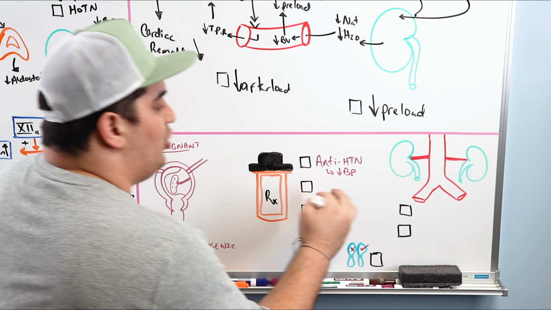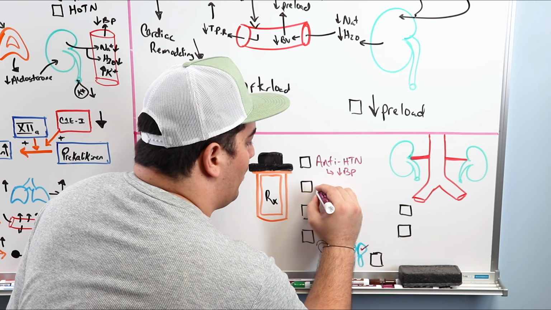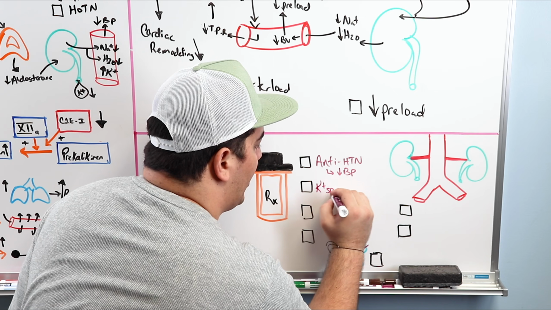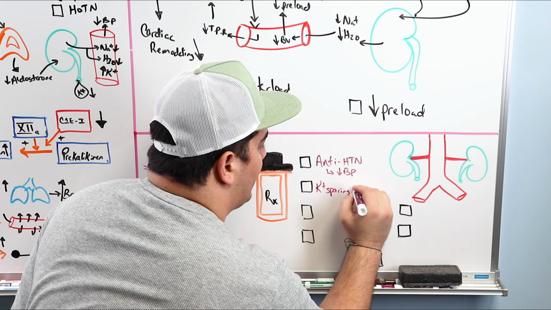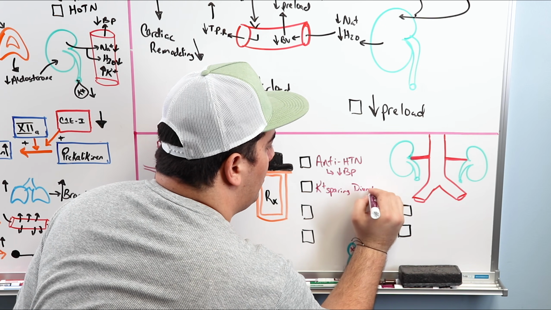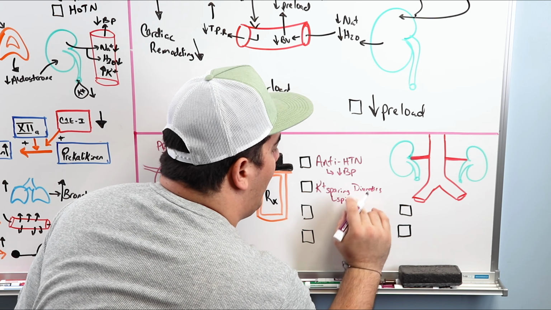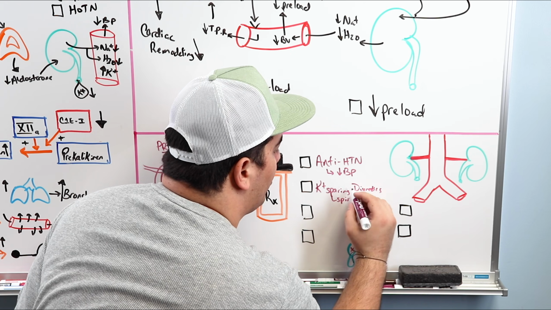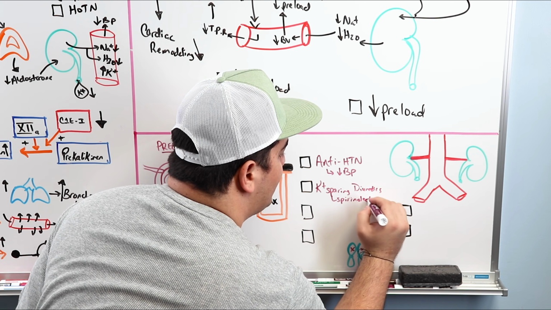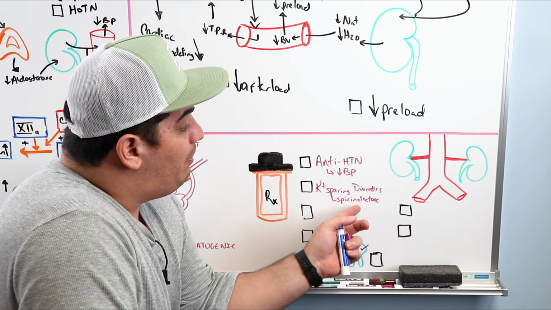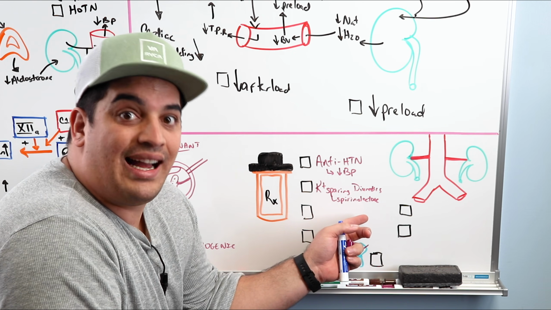The other thing is that you want to be careful with what's called potassium sparing diuretics, like spironolactone. Why? Because spironolactone, if you guys remember, what does it do? It's an aldosterone antagonist. It basically blocks the effect of aldosterone.